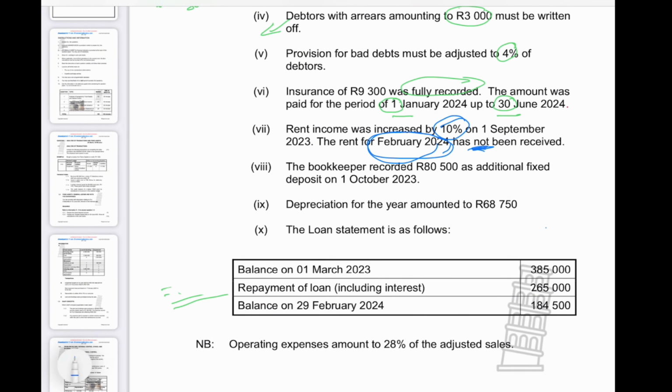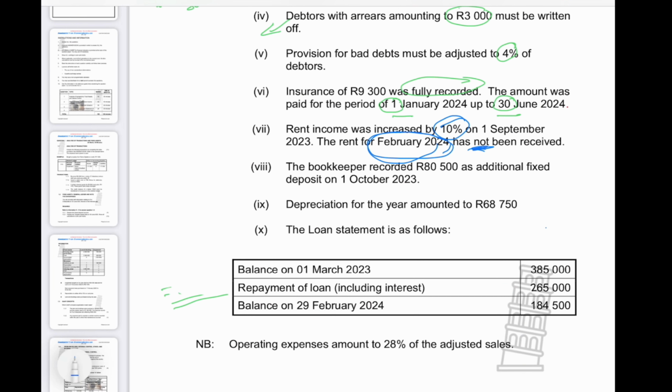It says the bookkeeper recorded 80,500 as additional fixed deposit on the 1st of October 2023. Okay, so you must first understand what happened. So the business has made an additional deposit of 80,500 as additional fixed deposit in October 2023.